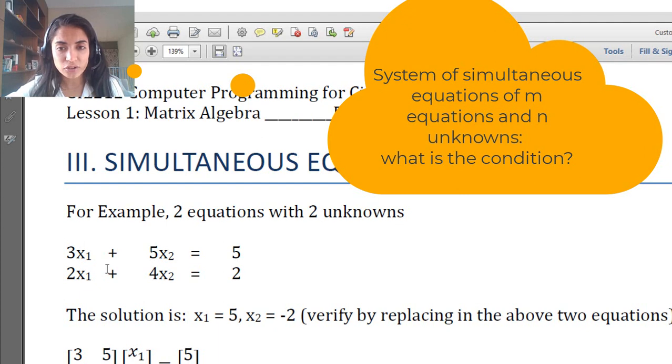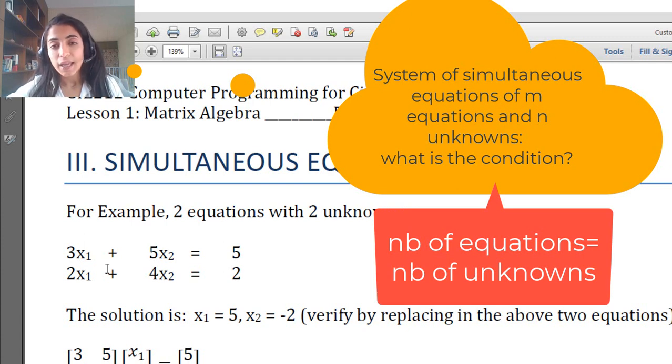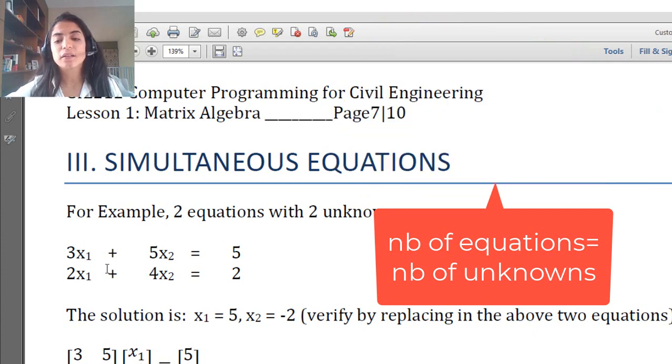The first condition, guys, should be that the number of equations is equal to the number of unknowns. If the number of equations is not equal to the number of unknowns, I can't solve the system. So that's why the first condition ever is to have the same number of equations and unknowns. So if, let's say, I only have 2 equations, I can only solve for 2 unknowns. And this is the first condition ever.